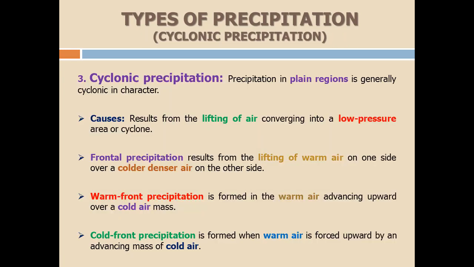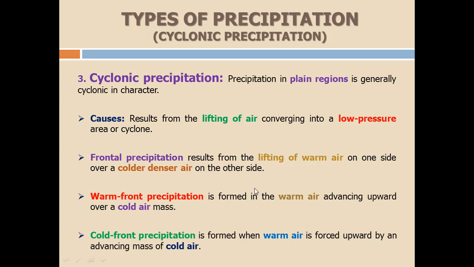The third type of precipitation is cyclonic or frontal precipitation. Precipitation in plain regions is generally cyclonic or frontal precipitation. This precipitation results from the lifting of air converging into a low pressure area or cyclone. Frontal precipitation results from the lifting of warm air on one side over colder, denser air on the other side.